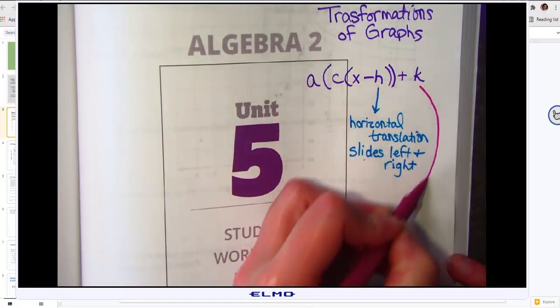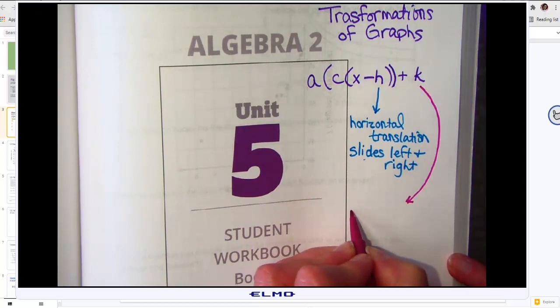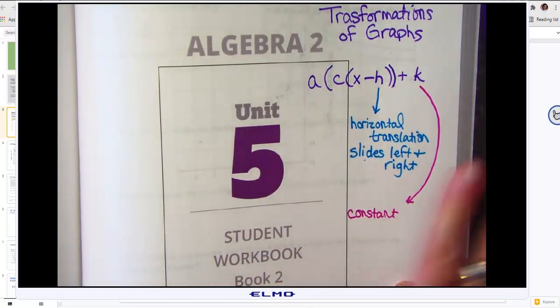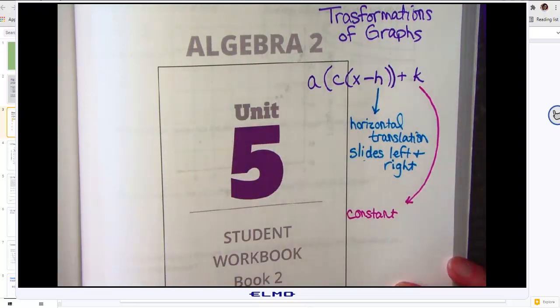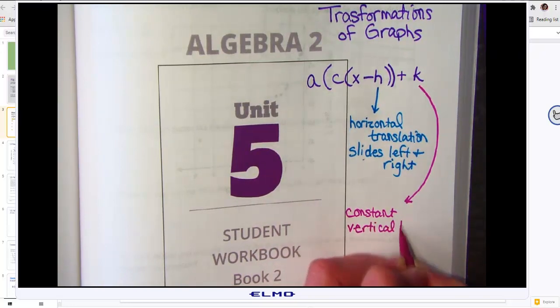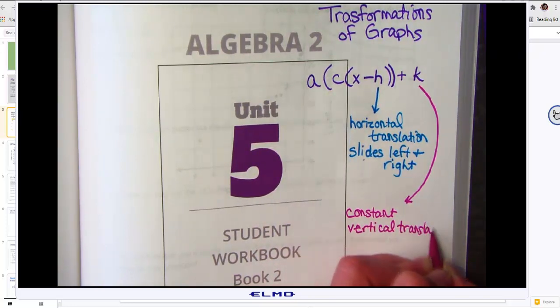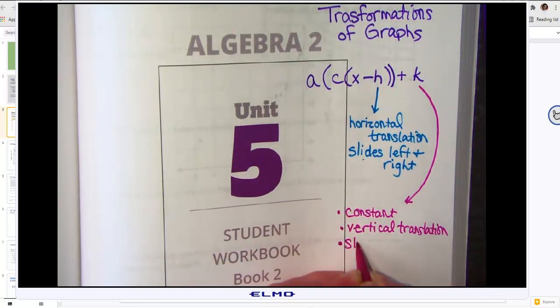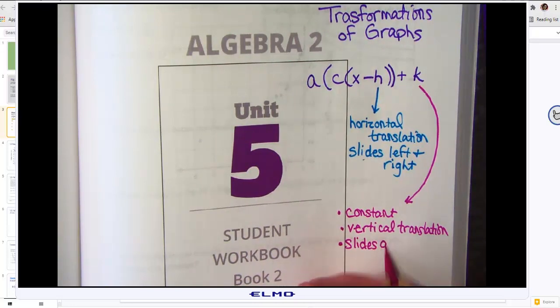The k value is our constant, the thing that has no x's or y's or anything attached to it. Our constant does a vertical translation. That means it slides the graph up and down.